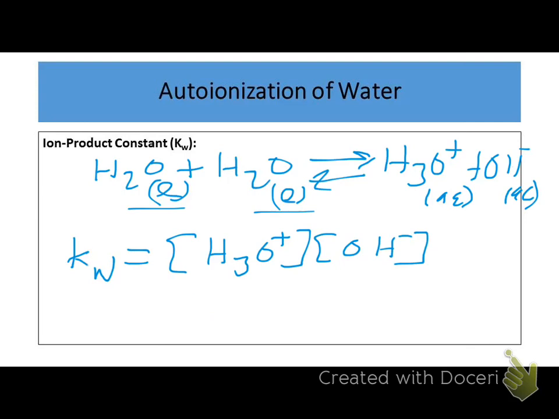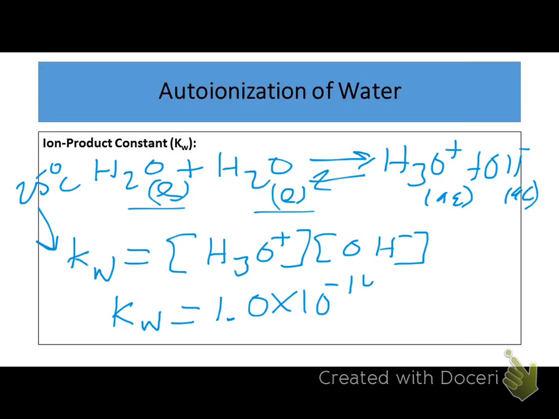Now, just like any Kc, Ka, Kb, Kw is temperature dependent. And so Kw here is going to be written at 25 degrees C, and that's important for you to note. It turns out that Kw at 25 degrees C is 1.0 times 10 to the minus 14.